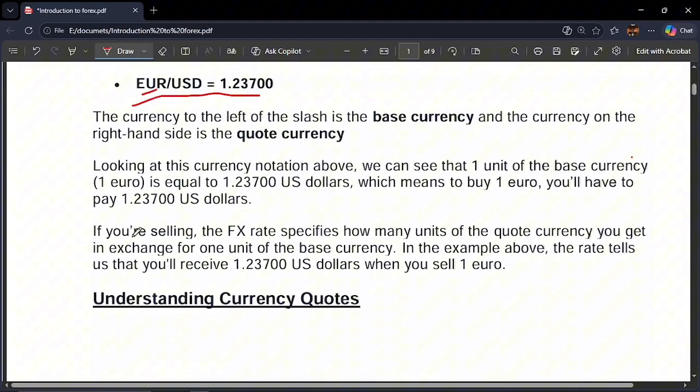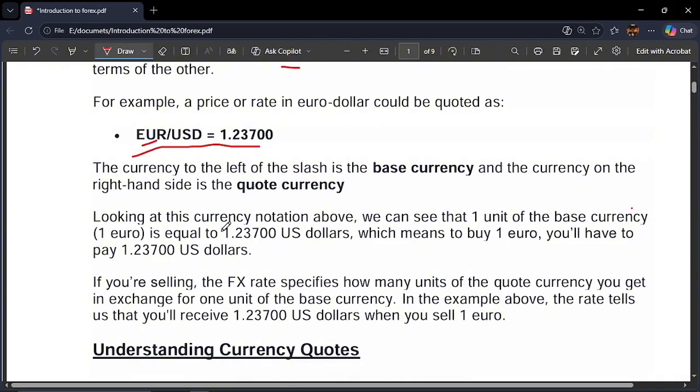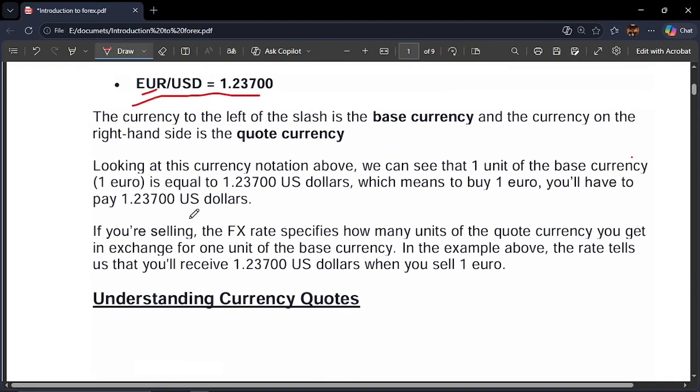So if you're selling, the Forex rate specifies how many units of the quote currency you get in exchange for 1 unit of the base currency. In the example above, the rate tells us that you will receive 1.23700 US dollars when you sell 1 euro. Hope you understand that. And guys, you should be pausing and take notes of these stuff. Get a pen and write these short notes, because you need them in the future.